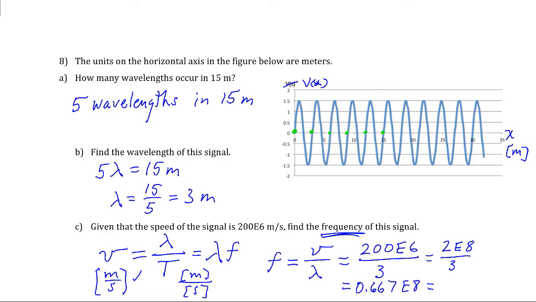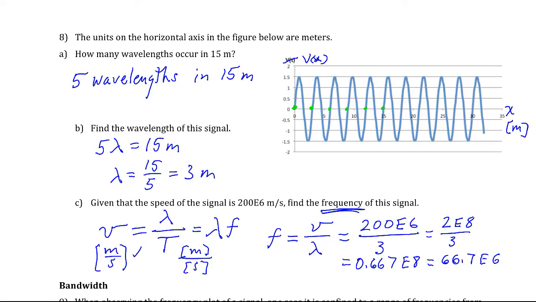Or if you want to get it into a nice multiple of 10 here, why don't we multiply the mantissa by 100 and divide the exponent by 100, meaning we subtract 2 from it. And this gives us 66.7 times 10 to the 6th.